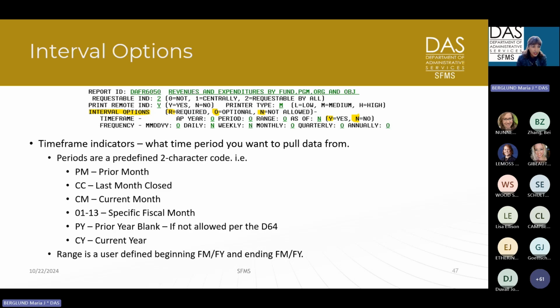Another indicator is the time frame indicator. You can see PM, CC, CM, or numbers between 1 and 13, PY or CY.